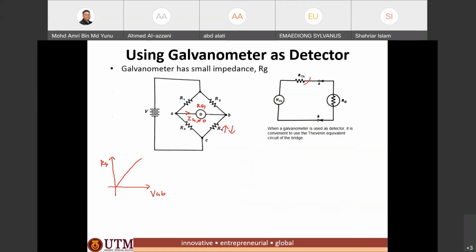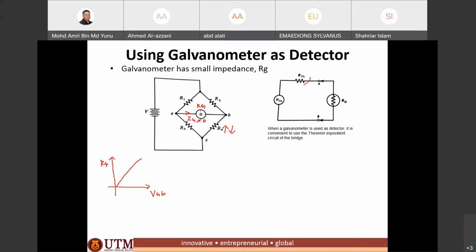So how do we estimate the output between A and B? If we use an indicator here, a detector with an internal resistance of Rg, a galvanometer usually comes with internal resistance.